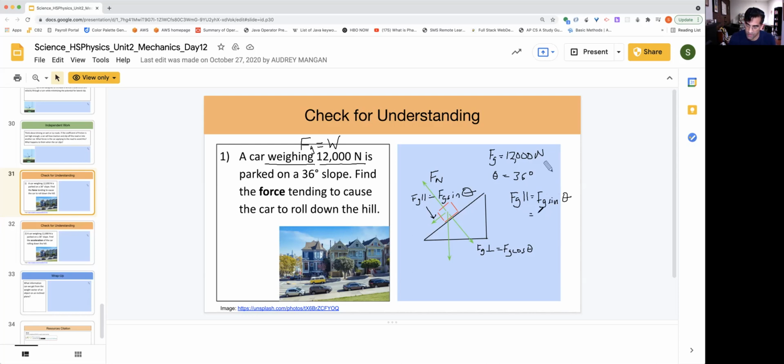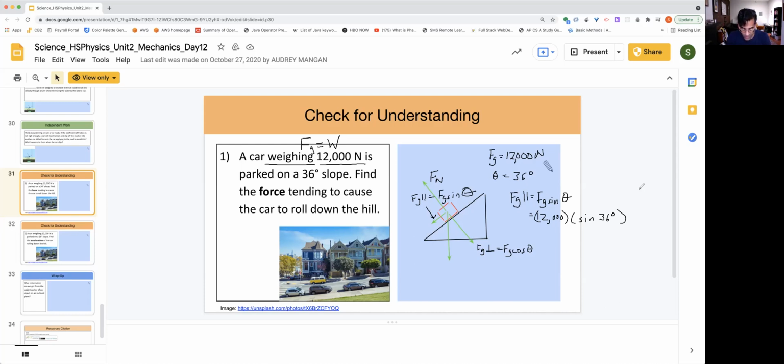And now I'm just going to plug in the correct values. So I'm going to plug in 12,000 newtons for my F sub g, and then I'm going to plug in the sine of 36 degrees. Now, remembering that the sine of 30 is 1/2 tells me that perhaps the sine of 36 will be a little bit larger.